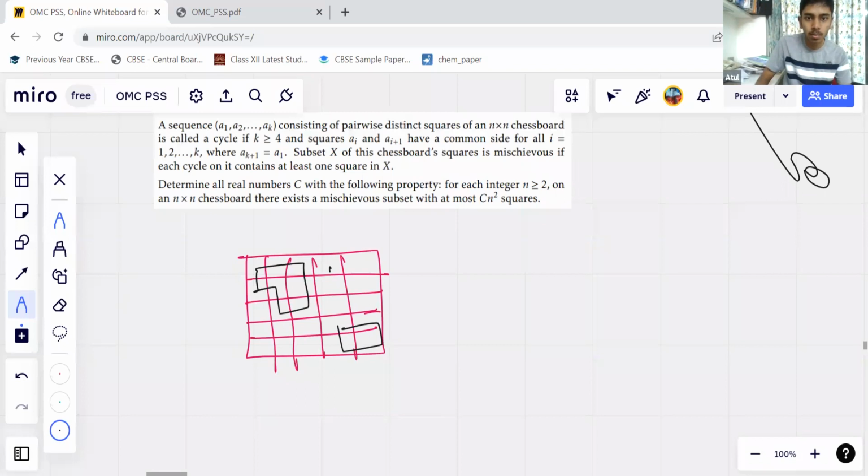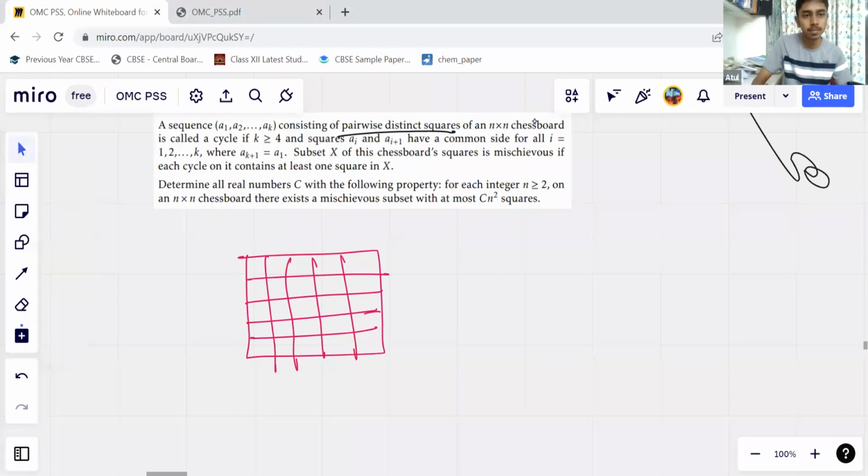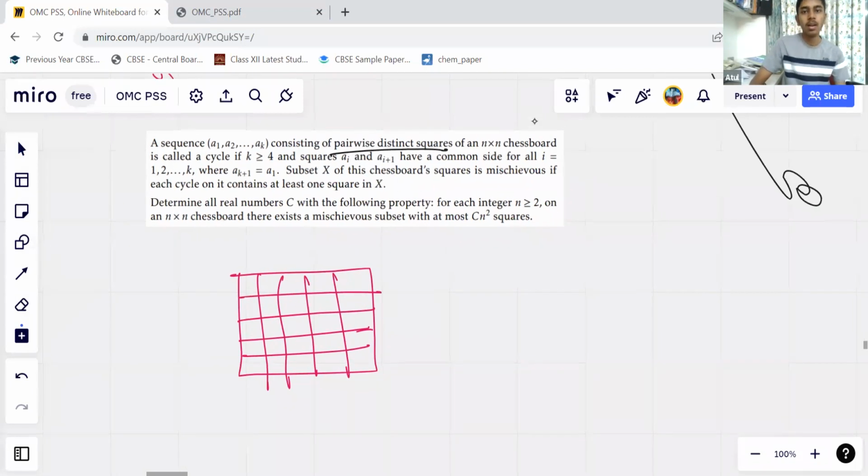This sort of thing is also a cycle, but you can't really do something like this because all these squares are supposed to be pairwise distinct. So the cycle can't really come back and intersect itself. It needs to be what you would expect, a proper cycle. This looks hard, yeah, but it doesn't look that bad.